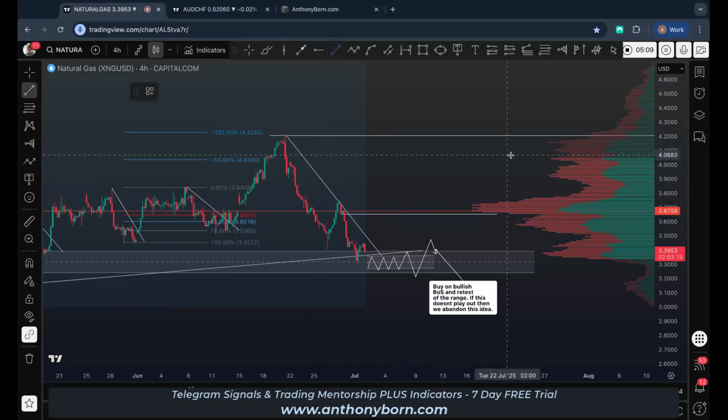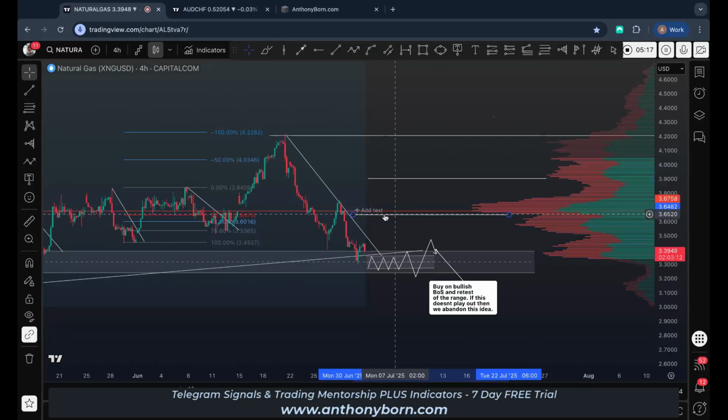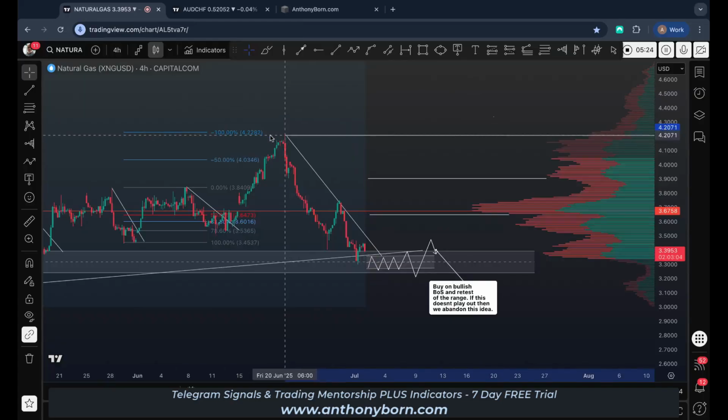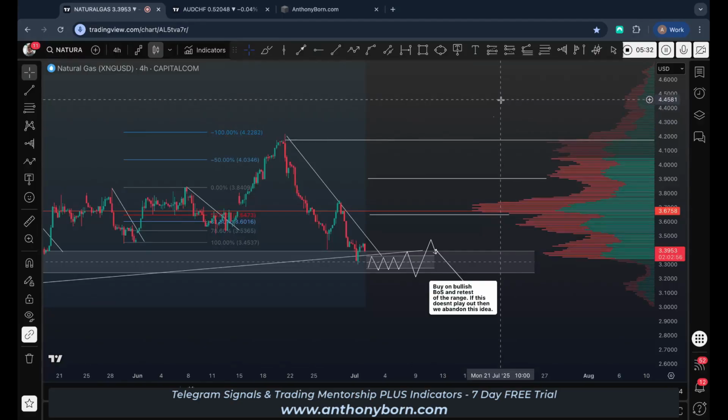Target number 2, you can just look at the volume profile and it's going to give you these levels. Key support and resistance levels, and then of course this high. Well, this high is pretty extended, but yeah, I would run with that.